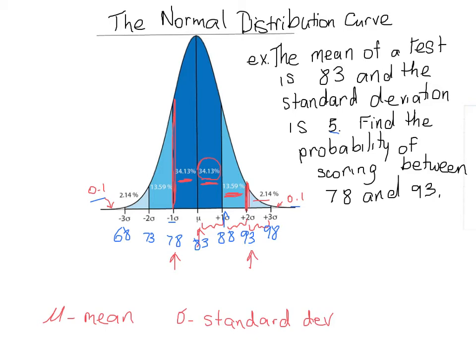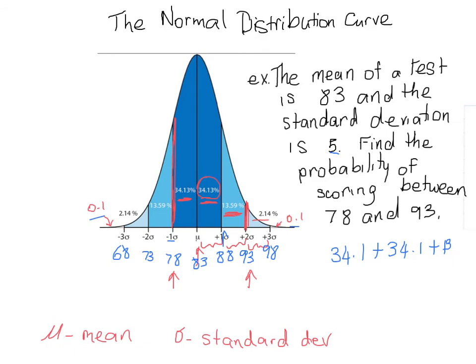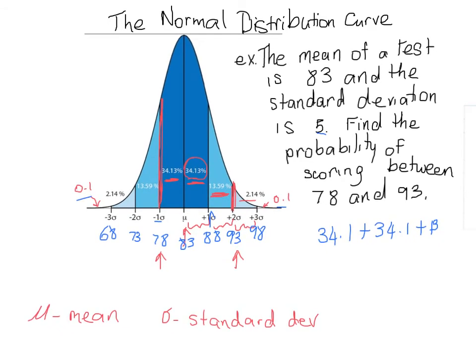So the probability of lying between 78 and 93 in this case would be 34.1, and we'll just use 1 decimal place, plus 34.1 plus 13.6. Let's see, it's a little bit messy here.